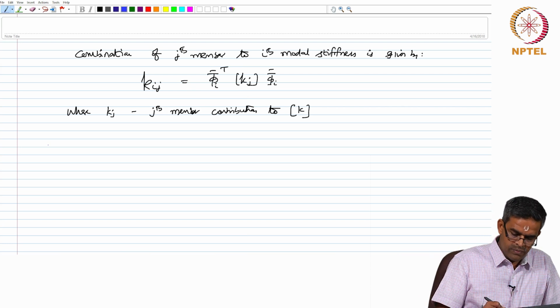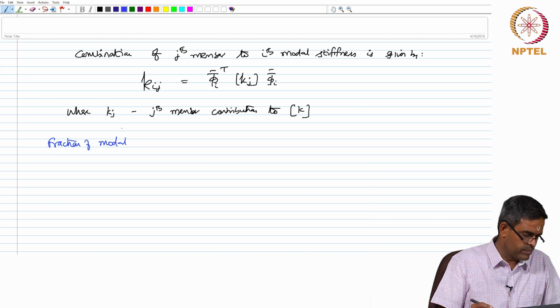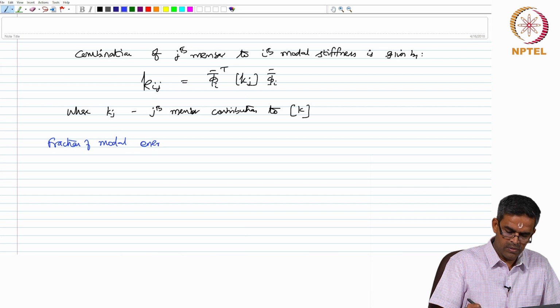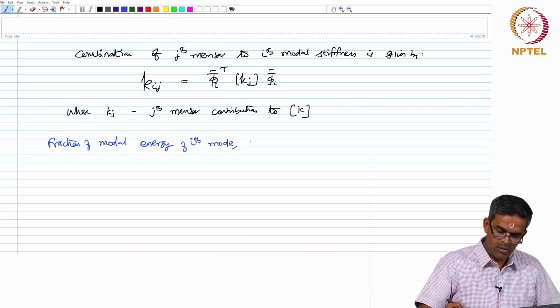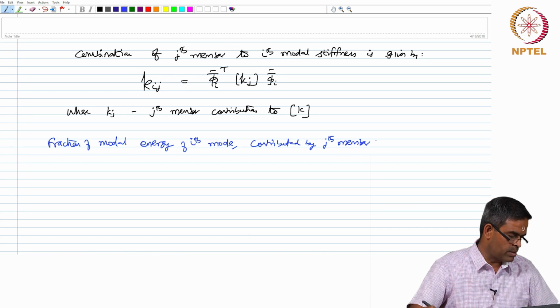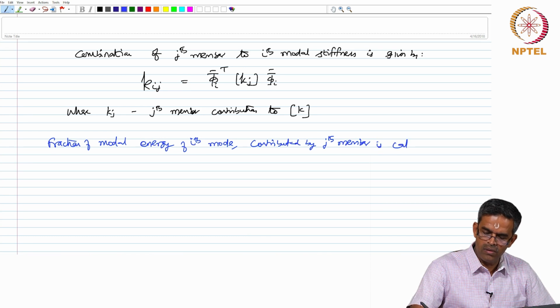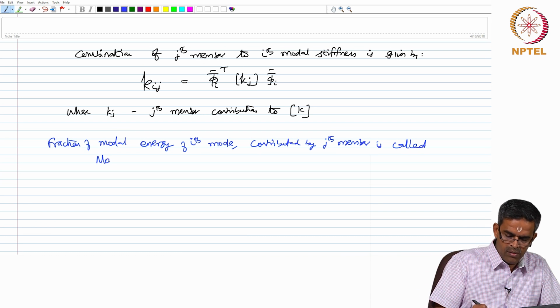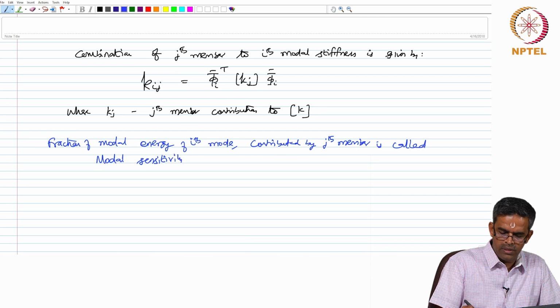Now, fraction of modal energy of ith mode contributed by jth member is called modal sensitivity.